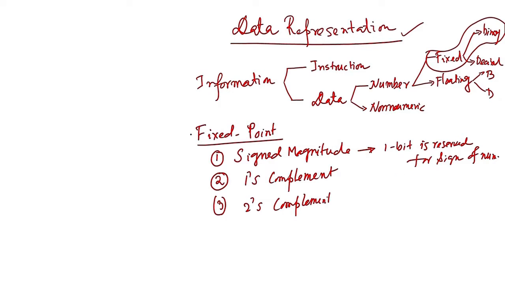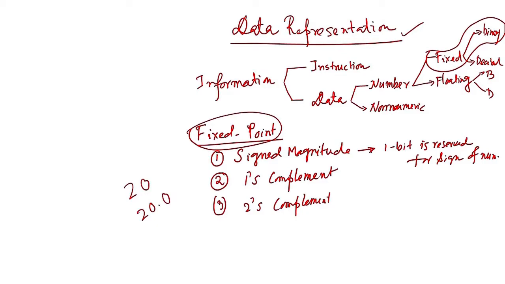Now we will talk about what is fixed point. A fixed point number is one where the point, either a decimal point or binary point, is fixed implicitly in a particular location. Let us say if we write 20, we can write 20.0. If I write 30, that means the point is fixed in this position. That is why it is called fixed point.